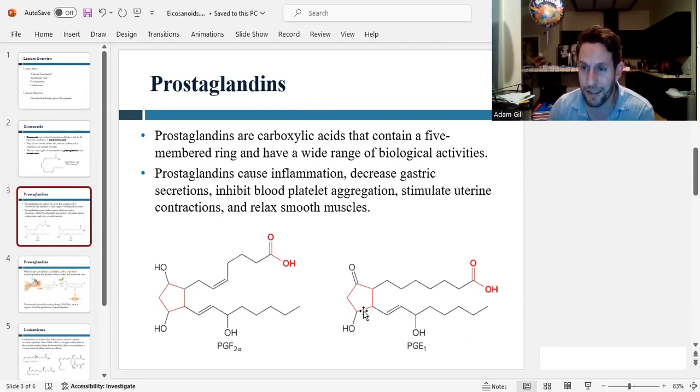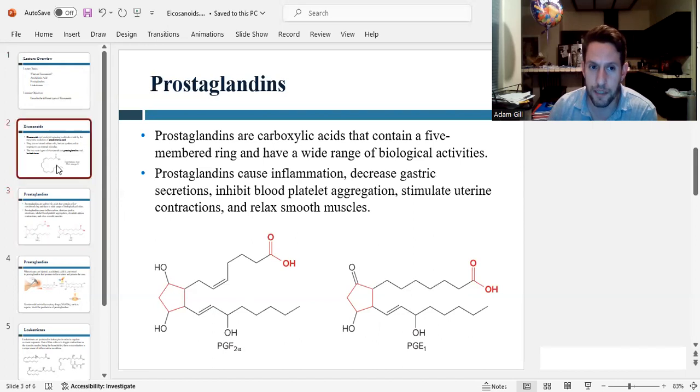So the name stuck, but ironically, they don't only exist in the prostate. That's just where they were discovered. These exist all throughout your body, but the name comes from prostate glands because that's where they were discovered. They are a carboxylic acid, which makes sense because they're made from arachidonic acid. And it's fused into a 5-membered ring.